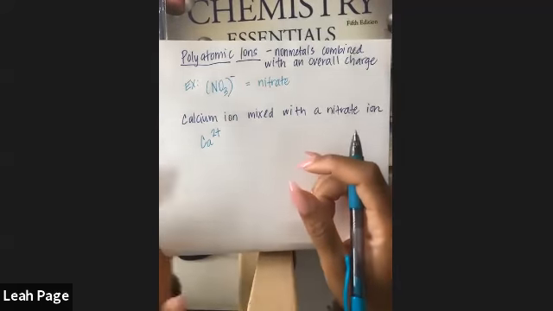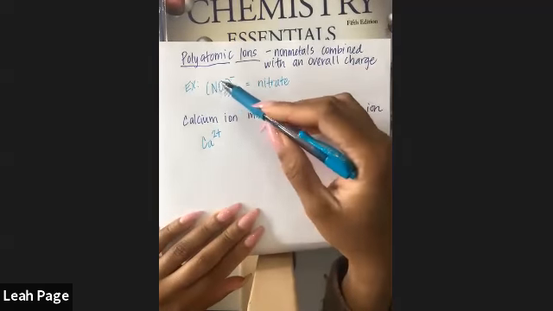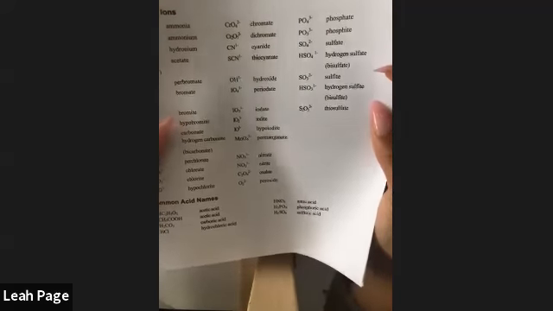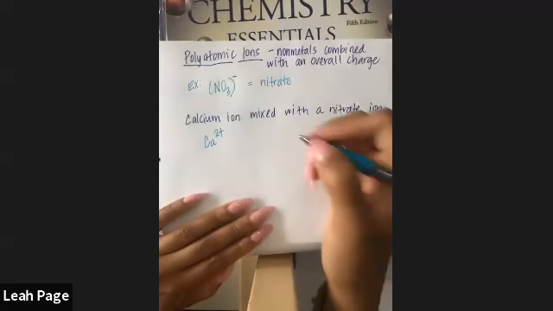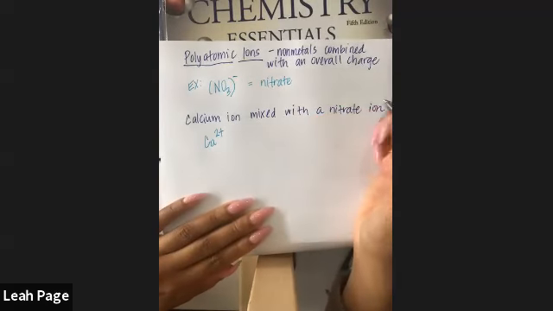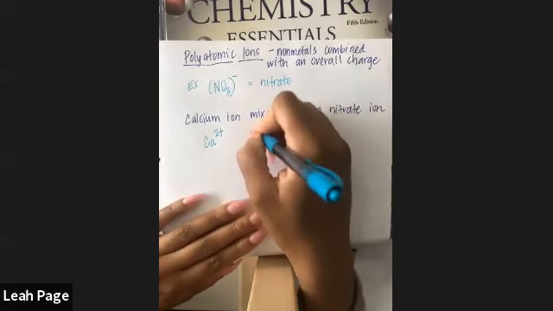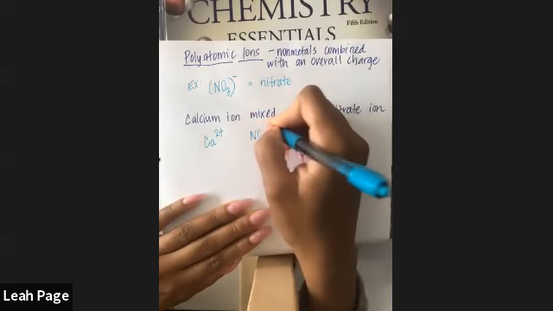And then the nitrate ion, we're going to use nitrate a lot, so you'll probably have it memorized in about a week or so. But we look at that polyatomic ion table and say, oh, nitrate is just NO3 minus 1.